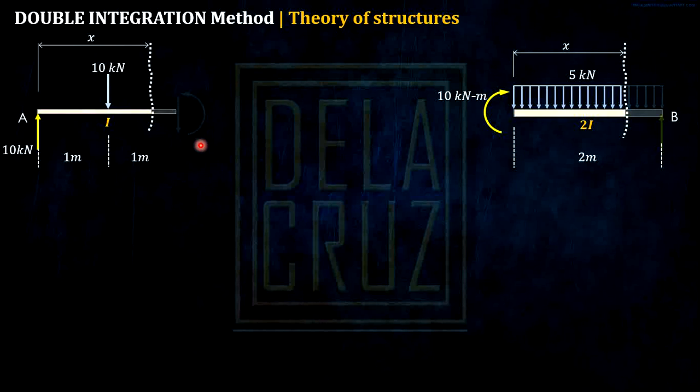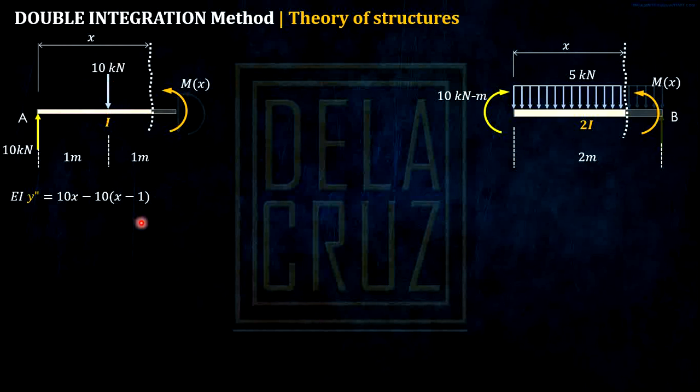So we will be needing this moment function in our cut portion, the function of x. In the double integration method, EI y double prime is equal to 10 times x minus 10 times (x minus 1).